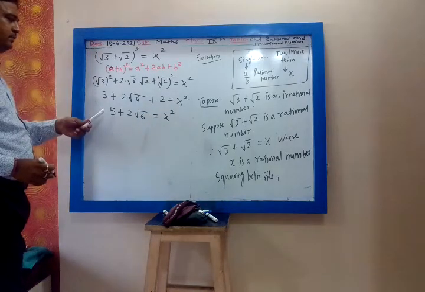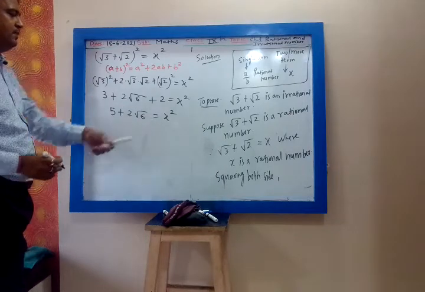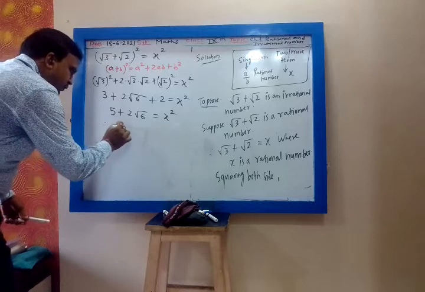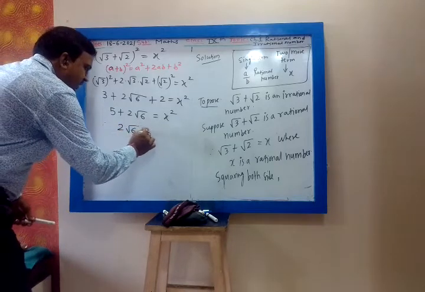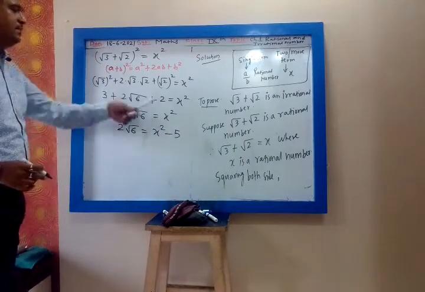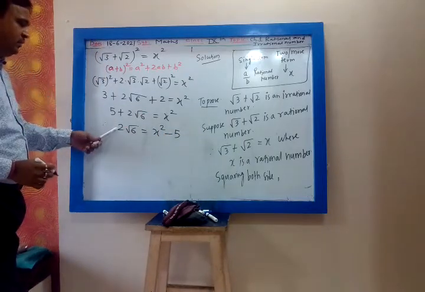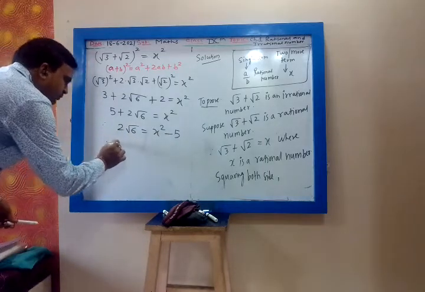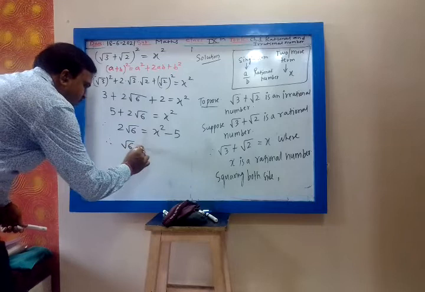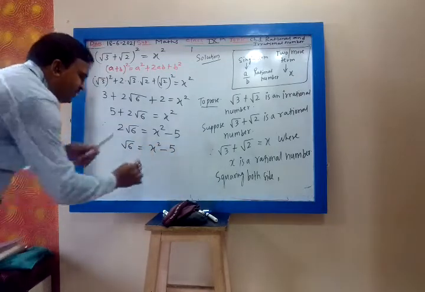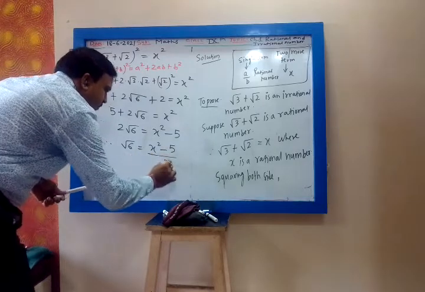Now you subtract 5 from that side. So you will get 2 root 6 is equal to x square minus 5. Plus 5 will become minus 5 when we change the side. Now you divide by 2. So root 6 is equal to x square minus 5 upon 2.